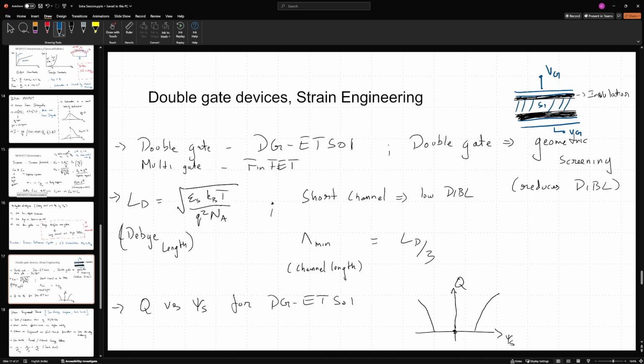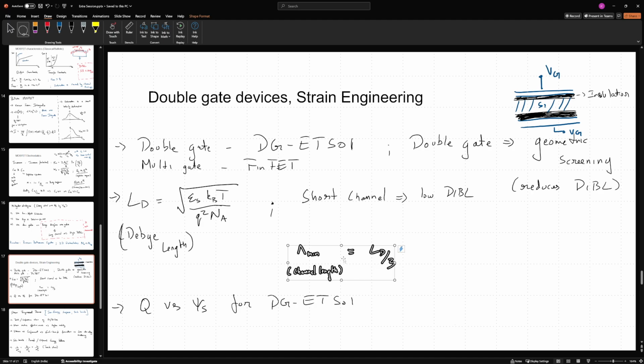I will quickly get rid of this, and I will select this and resize it and place this over here, so that I will have more space to do this.